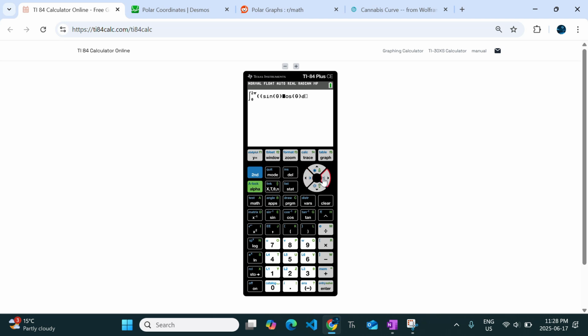There we go, that's why it didn't feel right. Okay, now actually we're going sine theta times sine 2 theta, it's a good catch, times cosine 3 theta.